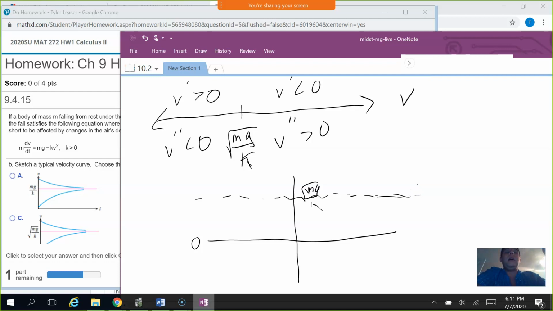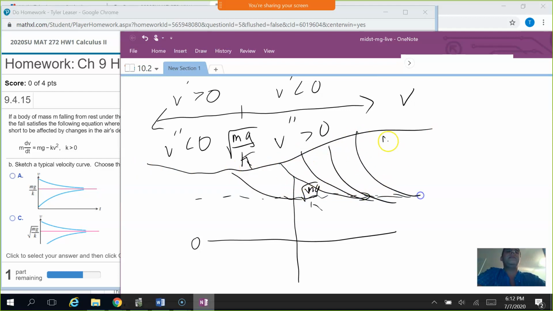When I am above that value, on the right-hand side of it, my derivative of v is negative, the second derivative of v is positive. So when you have a negative derivative, that means you are decreasing. When you have a positive second derivative, that means you're concave up. So everything above this line here is going to be concave up and decreasing, which means it comes in and kind of does something like this, right?